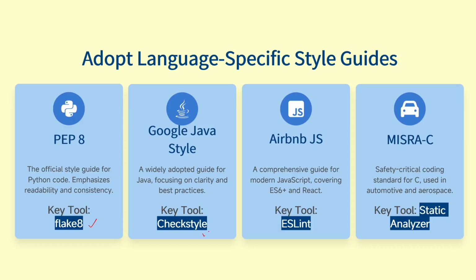Similarly, there is a tool called Checkstyle with which you can check the style in Java, and for JavaScript we have a lint tool, which is ESLint, and for C we have a static analyzer. So this is a basic tool.